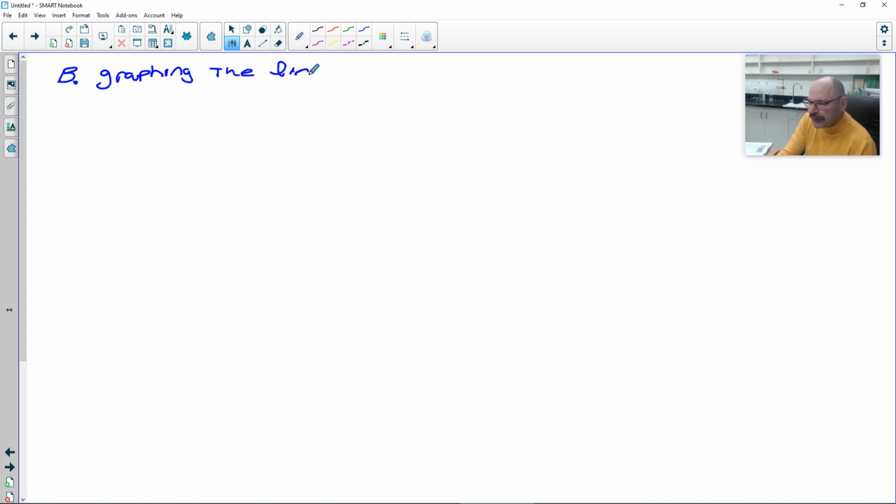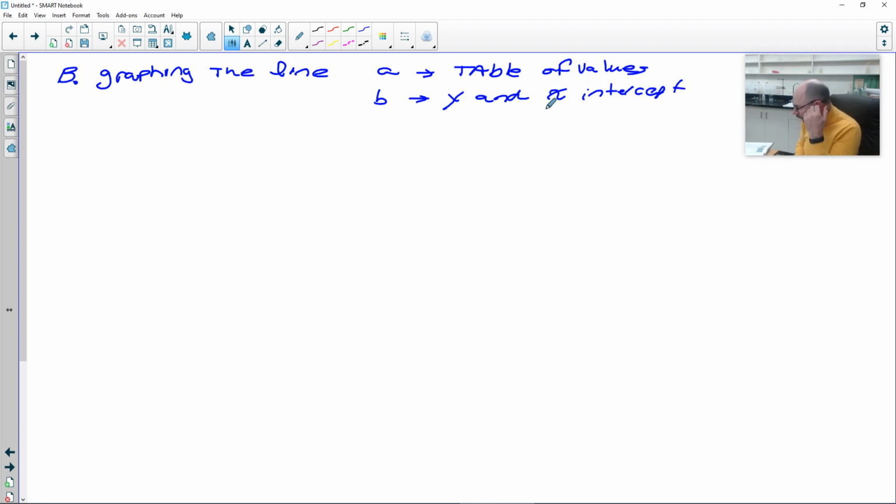Firstly, you could use A, a table of values, which we know from grade 9, or B, y and x intercept, which is way quicker. So we're going to show how to do that.